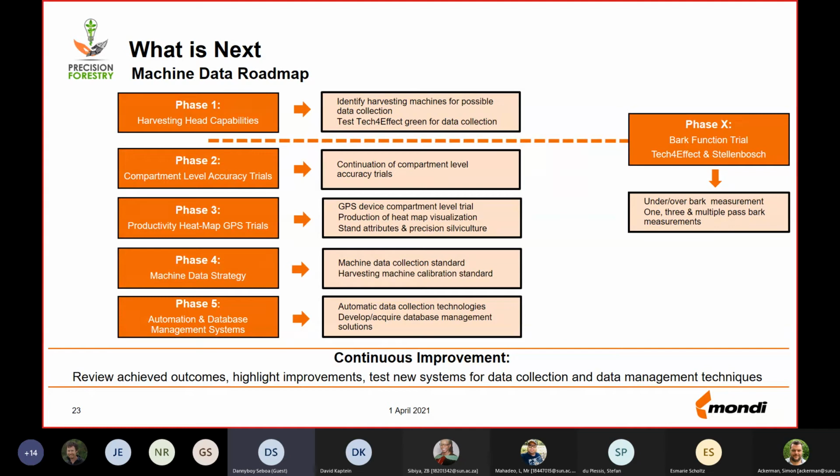And for this day, we're going to focus mainly on phase three, where we're going to be looking at GPS device compartment level ties so we can get productivity heat maps and we can start visualizing the stand attributes that can help in precision silviculture, and then just brush up our machine data strategy in terms of our machine data collection standard, our harvesting machine data calibration standard, and later look at automation and database management systems.